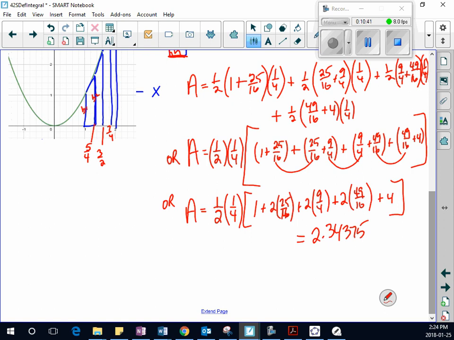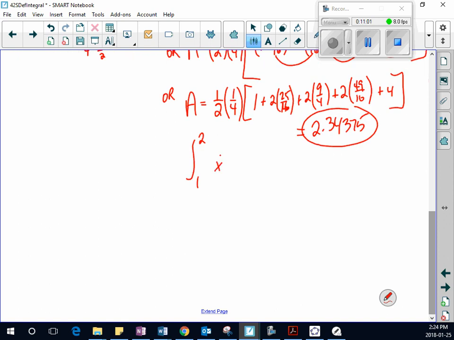Now let's do the actual fundamental theorem of calculus. We're going to do the integral from 1 to 2 of x squared dx. So what's the antiderivative of x squared? 1/3 x cubed from 1 to 2.